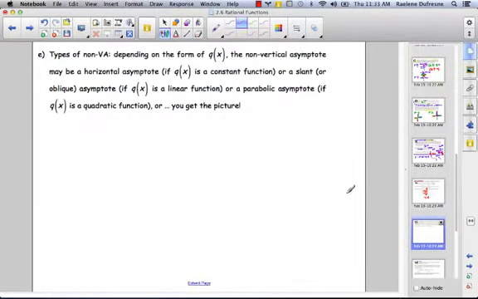Okay, so the different types of non-vertical asymptotes really depend on the kind of polynomial that q of x is. If q of x is a constant, then the non-vertical asymptote is a horizontal asymptote.